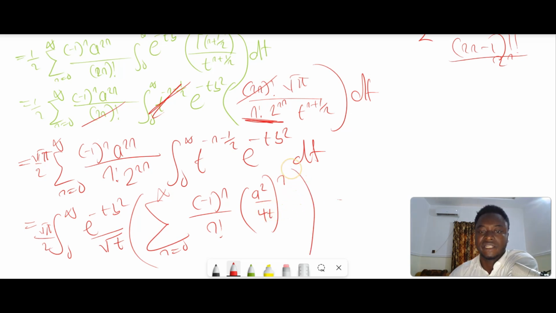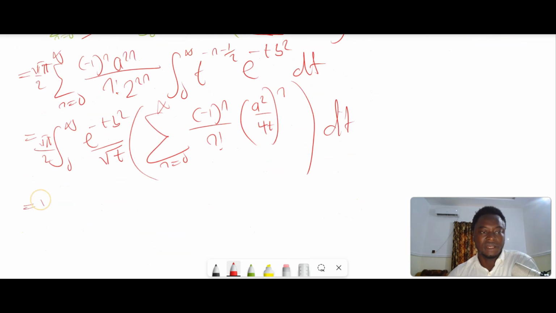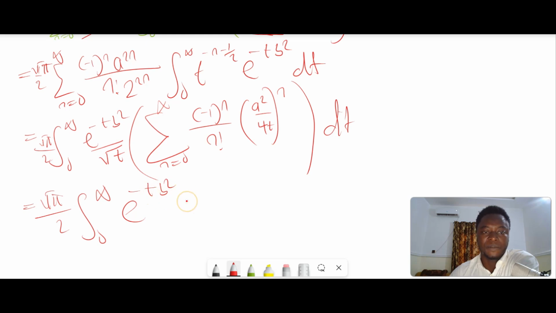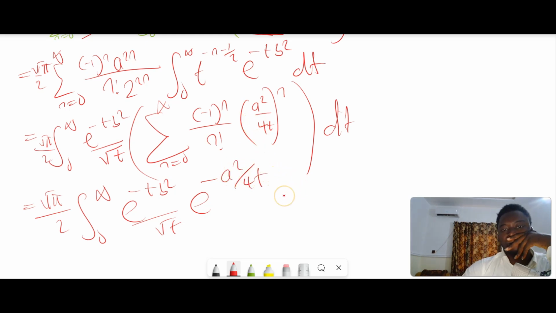So in this case you have the t. So this right here would be square root of pi over 2 times the integral from 0 to infinity of e to the negative t b squared, then over square root of t times e to the negative a squared over 4t dt.